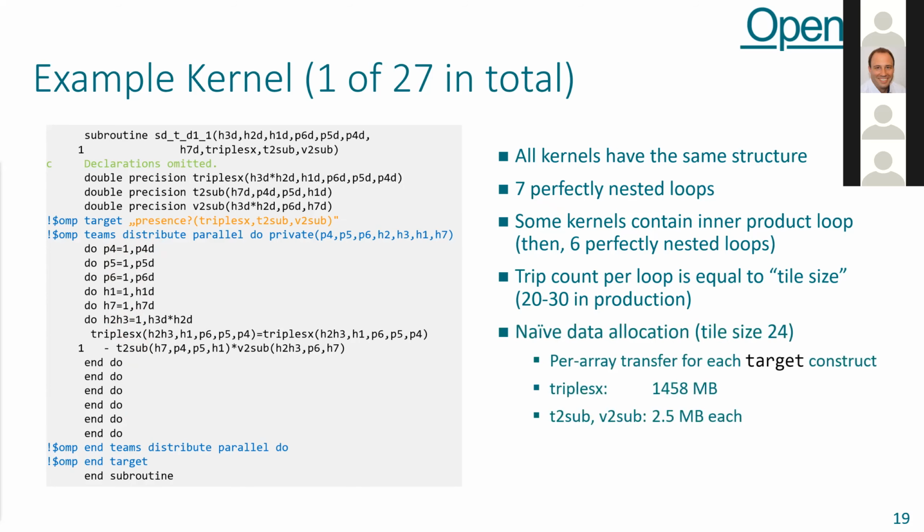All right, now let's do the naive data allocation, right? We just accept the fact that there's a presence check and that OpenMP will automatically add the corresponding map to and from clauses for all the data that we're touching. And so what you'll figure out is, if we assume a tile size of 24, we will end up with like 1.5 gigabytes for the triplesX array, and then 2.5 megabytes for the T2 and V2 arrays, right?